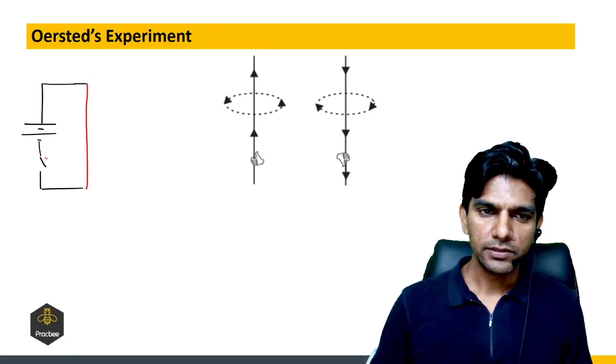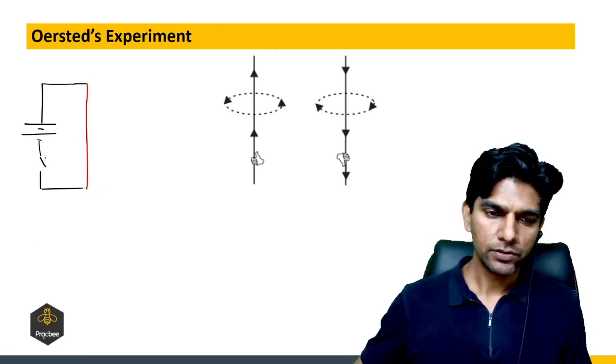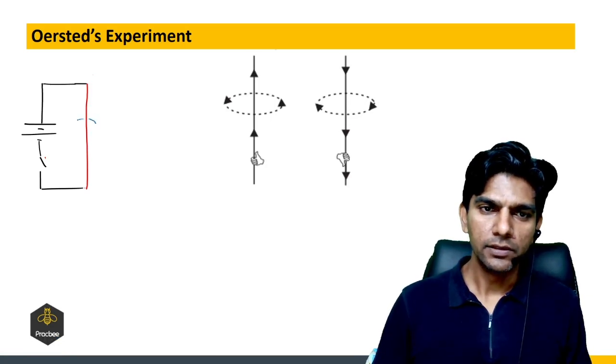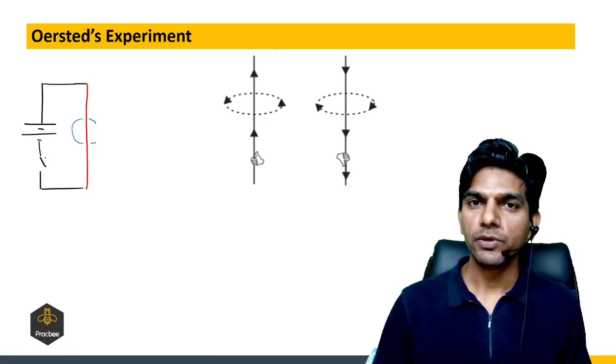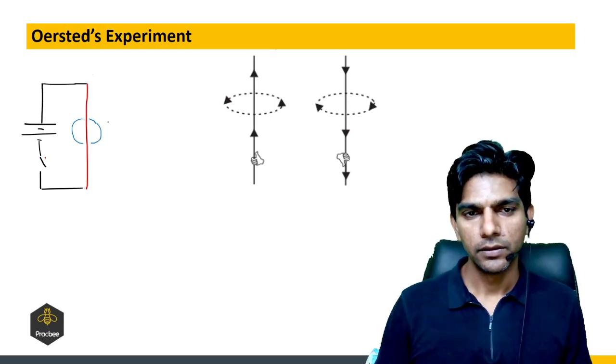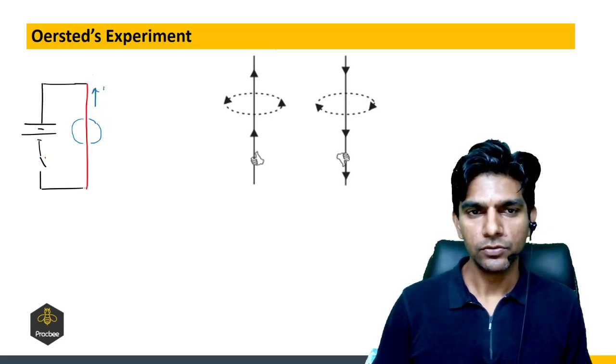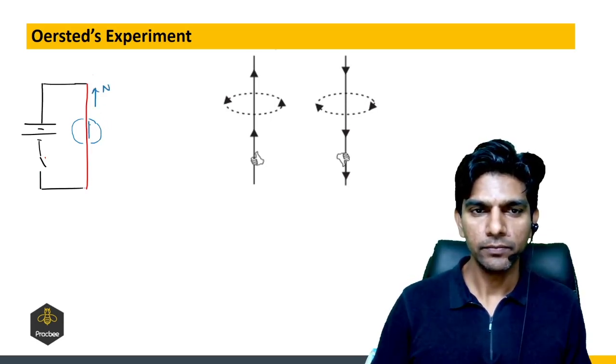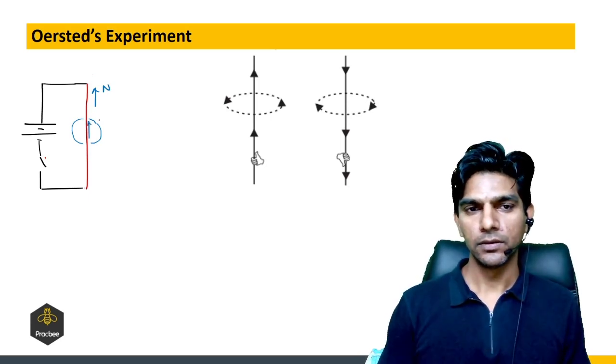Now let us say before closing the switch, we have placed a compass needle just below the wire. And let us say this direction is north, so the needle is pointing in the north direction.